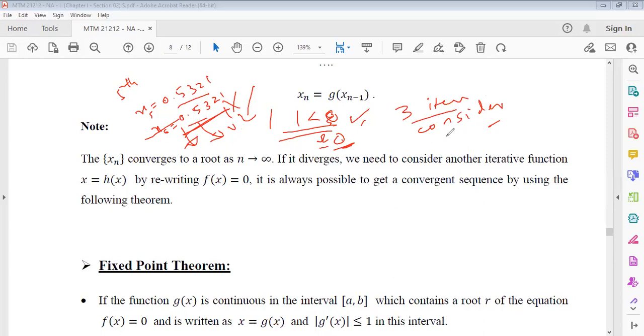Similarly, in exams they may ask you to do 3 iterations like that, or sometimes they may ask you to find the answer up to 5 significant figures, for example 3 or 5 significant figures. So do you know what we mean by significant figures?